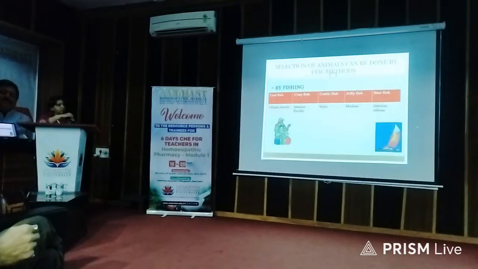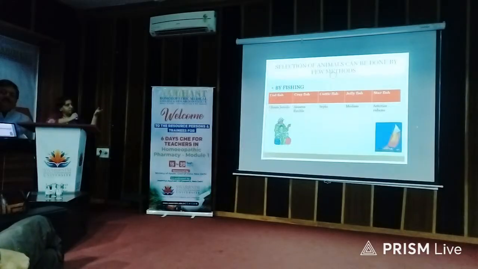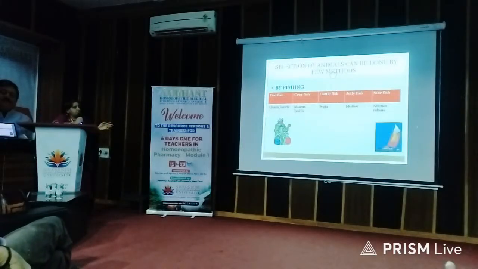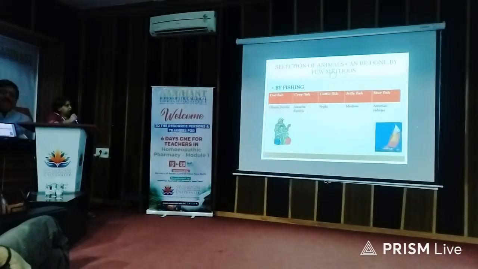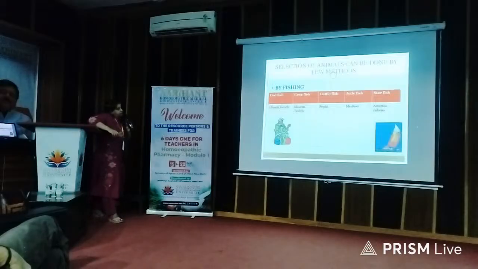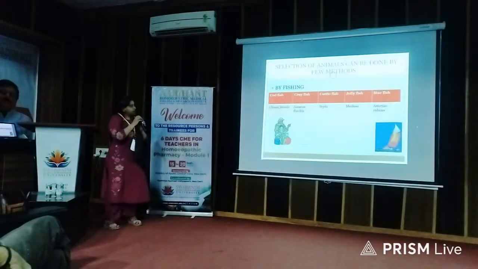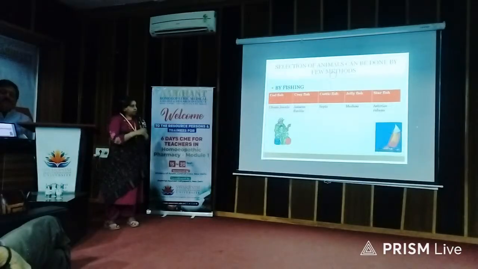Now see, there are a few other methods of selecting drugs, so let me give some examples. The fishing method: we see codfish, from where Oleum jecoris is prepared. Then we have Astacus fluviatilis, crayfish, cuttlefish, Sepia, jellyfish, Medusa, and starfish, Asterias rubens.